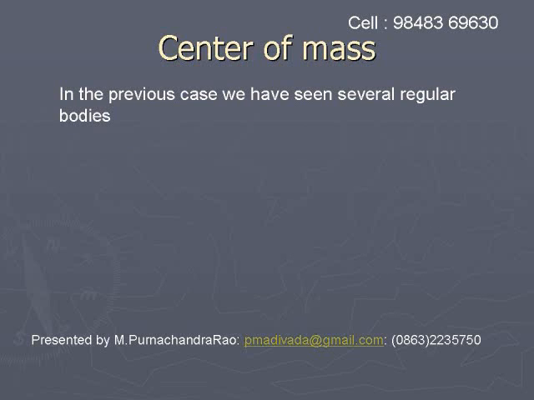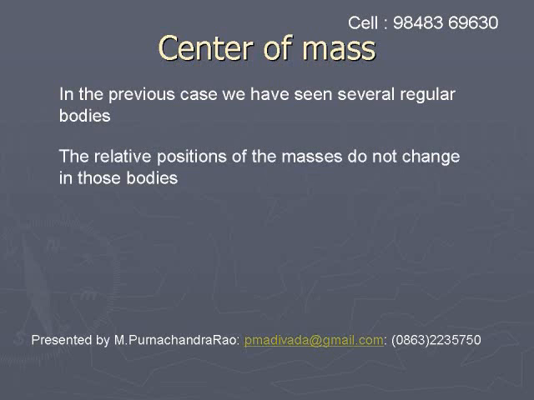In the previous case, we have seen several rigid bodies. In those bodies, the relative distances between the particles of the body do not change. They remain constant even if the entire body moves. Such bodies are known as rigid bodies.